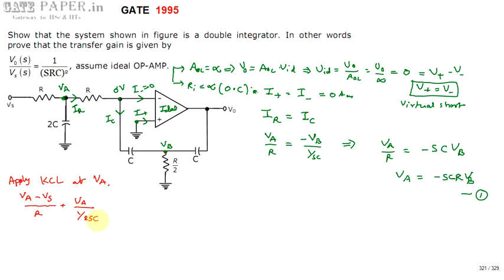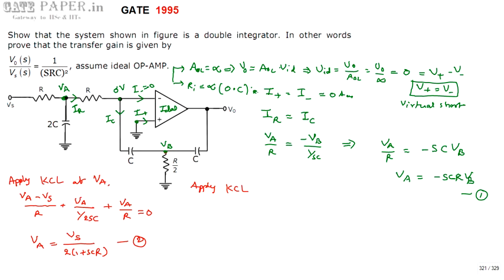So I am directly writing it as 2SC, plus VA by R is equal to 0. From this, if you put the VA terms on one side and the VS terms on the other side, you will get VA is equal to VS divided by 2 times 1 plus SCR. This is the second equation.